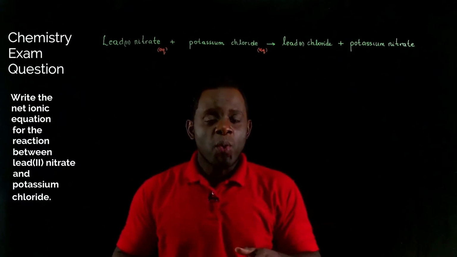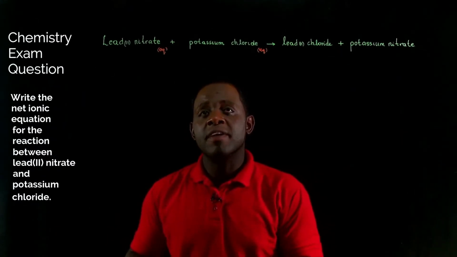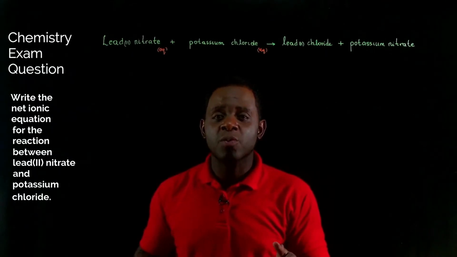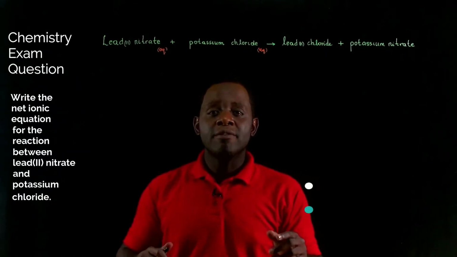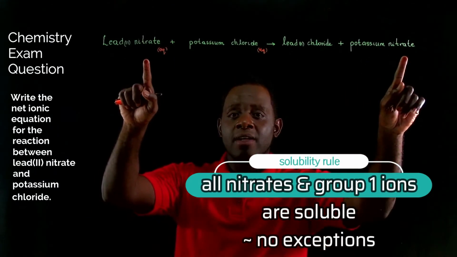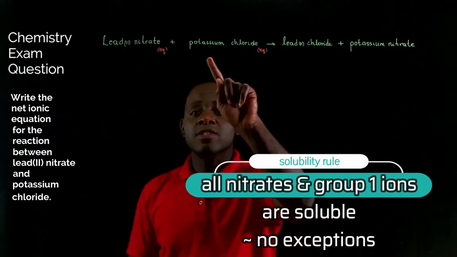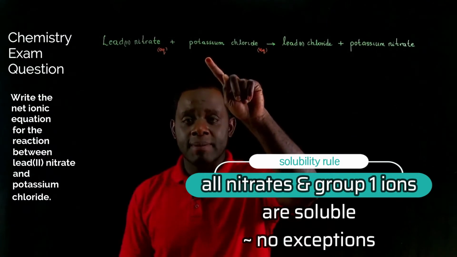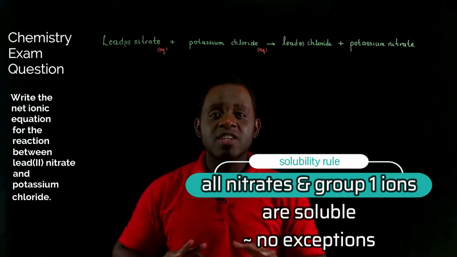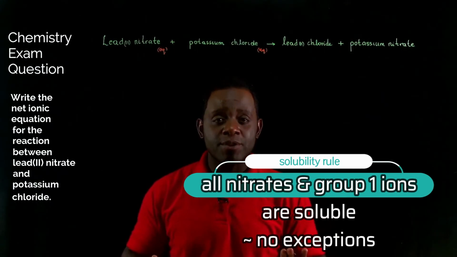We know the solubility of these compounds because of the solubility rules, which state that whenever a compound has the nitrate ion in it, or ions from group 1 elements, those compounds are always soluble without exception.